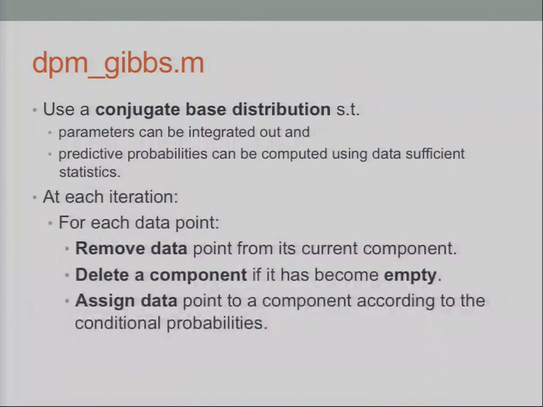And then you look at the conditional probabilities of the data point going to any one of the existing components or another new component. And you assign the data to one of the components looking at these conditional probabilities. Basically, you sample from a multinomial distribution with those probabilities.